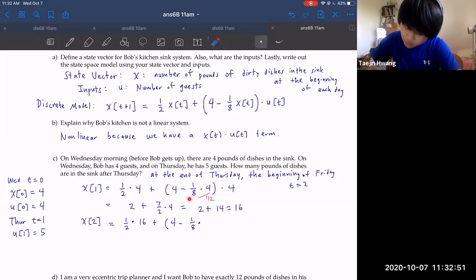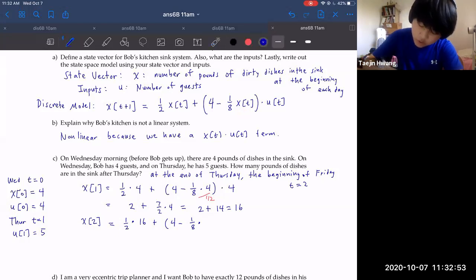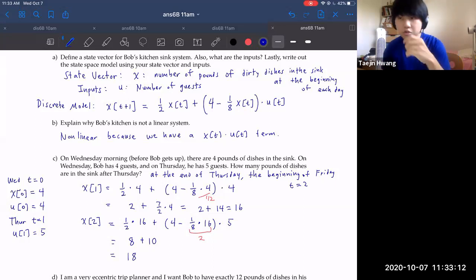And then we have 1/8 times x of 1, which is 16, times u of 1, which is 5. If we plug everything in, this is going to be 8. 4 minus 2 is 2 times 5, which is 10. So x of 2 is going to be 18, meaning at the end of Thursday, we're going to have 18 pounds of dishes in the sink, which is quite a lot if you think about it.